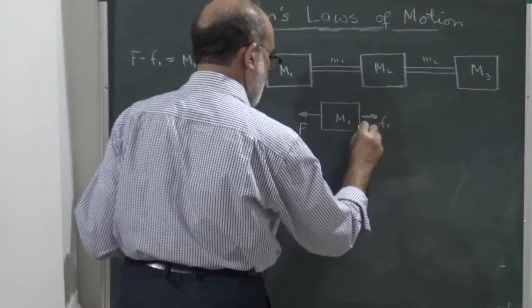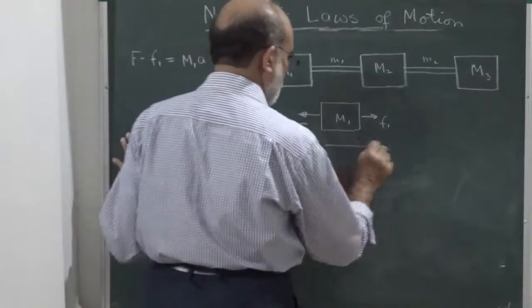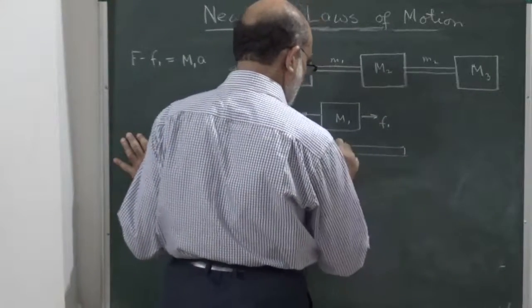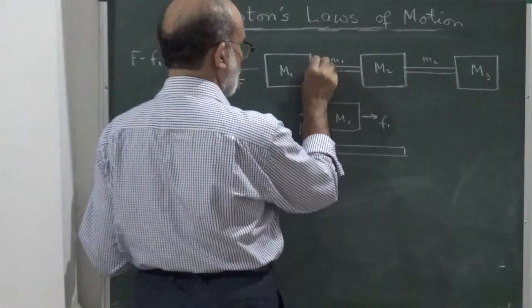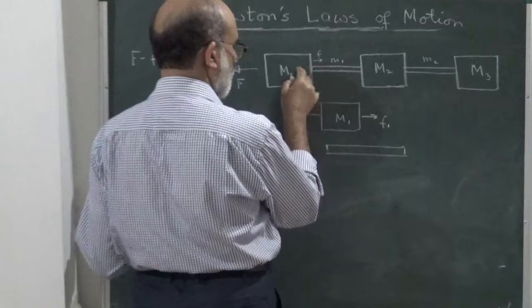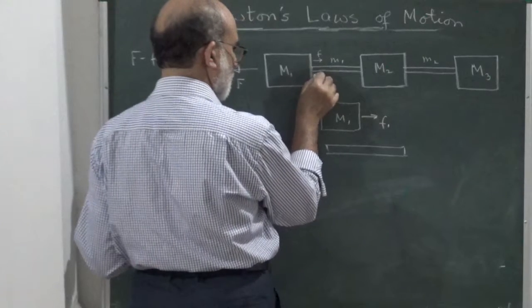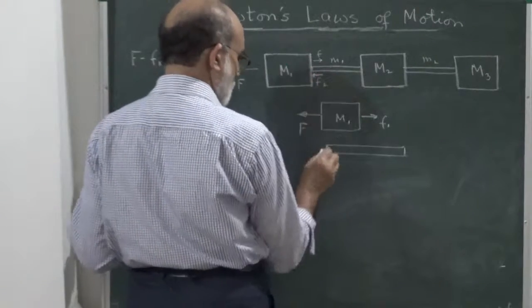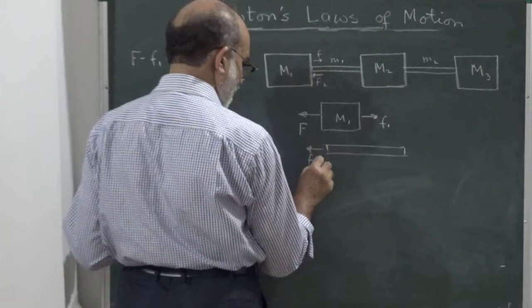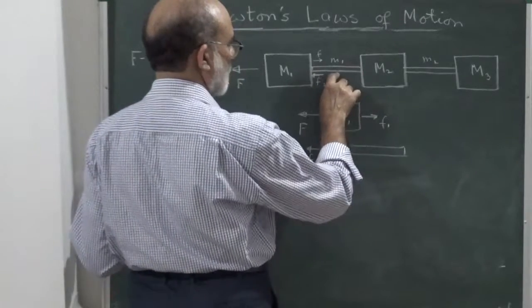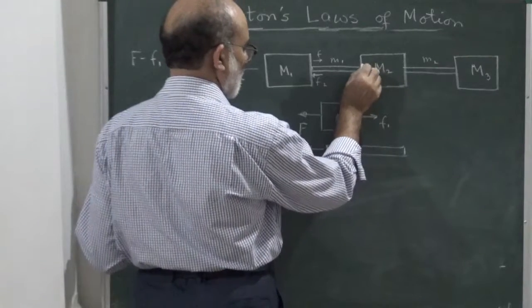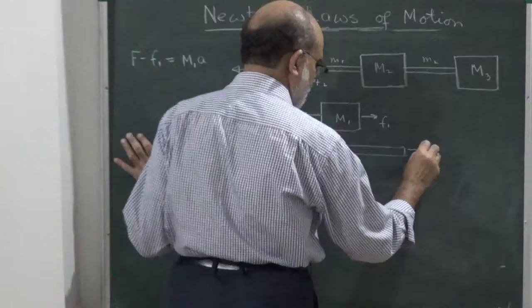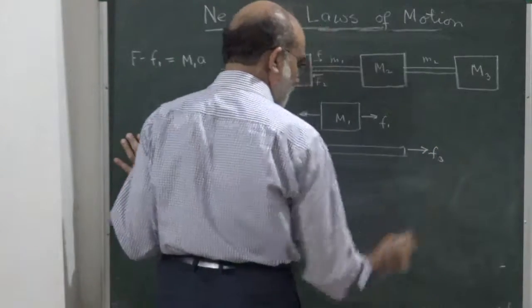Now this rope here applies force F1, so this block will also apply a certain force, say F2. And this is not free, it is attached to M2, so the block will pull it by, say, F3.